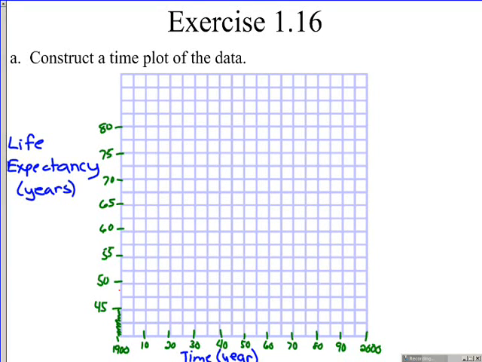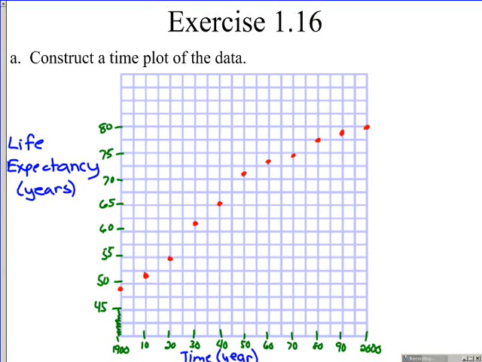We want to go to 1900. 51.8. 54.6. 61.6. 65.2. 71.1. 73.1. 74.7. 77.5. 78.8, and 79.5.